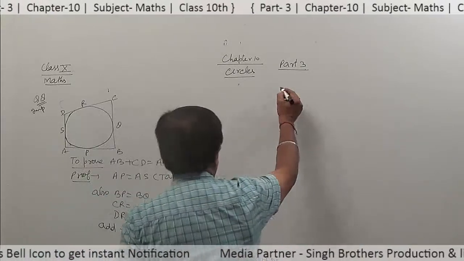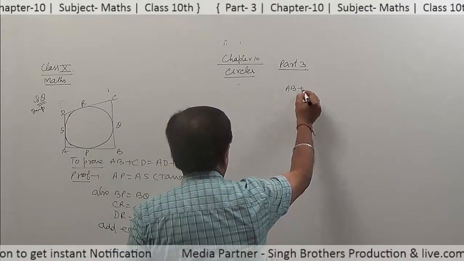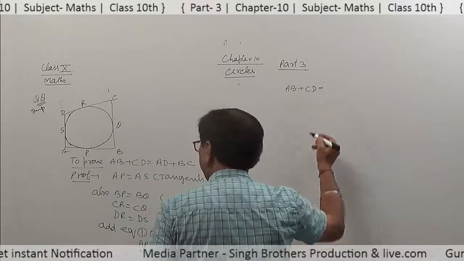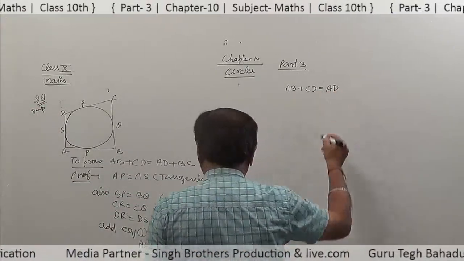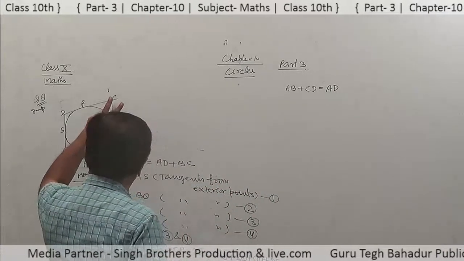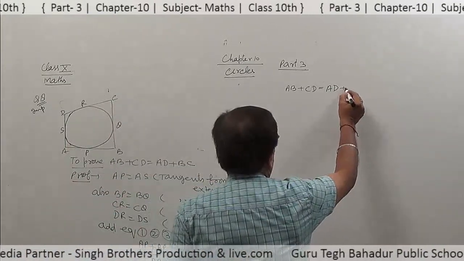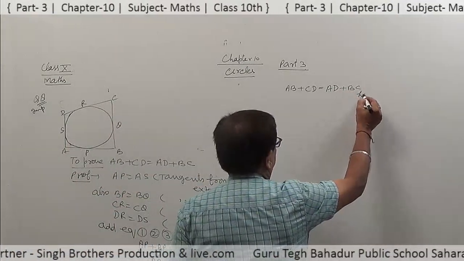It will be AB plus CD equals, AS plus DS becomes AD and BQ plus CQ becomes BC. Hence proved.